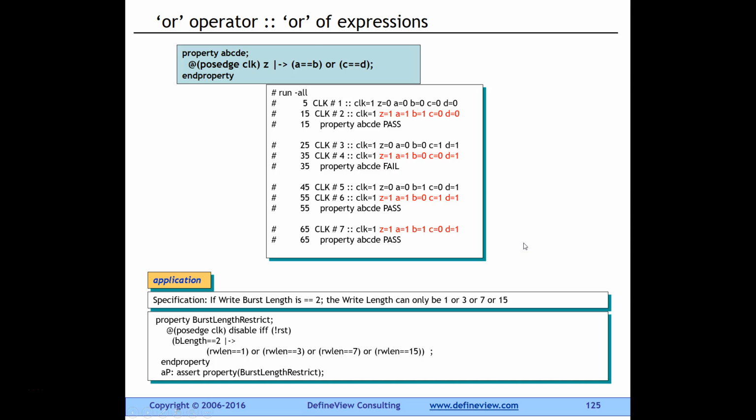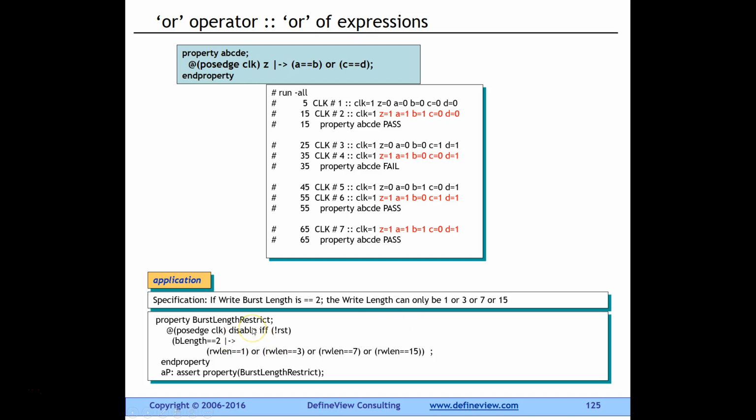So OR and intersect are very intuitive operators, as I call them. They can both work on sequences, or expressions, or a combination of the two. This is a very simple application that, as simple as it is, is very useful.